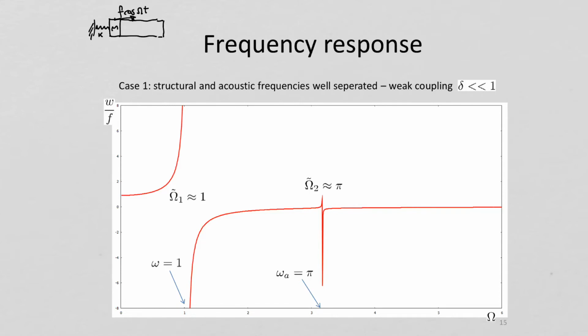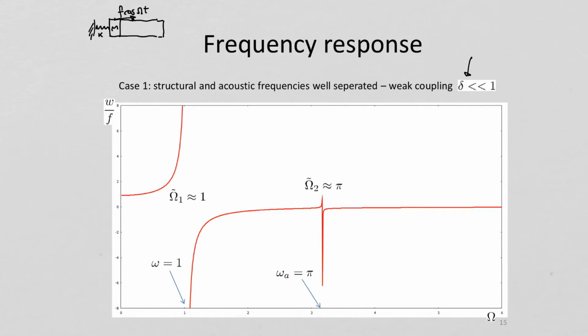All right. Now we can see what actually happens in the limit cases when we have either strong coupling or weak coupling, characterized by this delta parameter. And also for different values of the gamma parameter, which expresses how well separated the natural frequency of the mass spring model and the natural frequencies inside the acoustic chamber are.